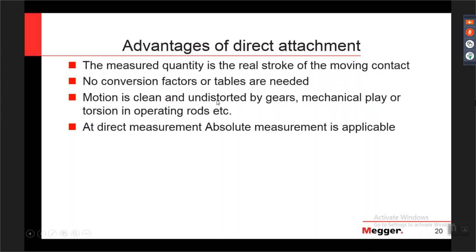And the motion is clean, undistorted by gears, mechanical play, or torsion in operating rods, etc. As a result, with direct attachment you can also do absolute measurement. That means that 1 millimeter at the transducer corresponds to 1 millimeter at the contact as well.